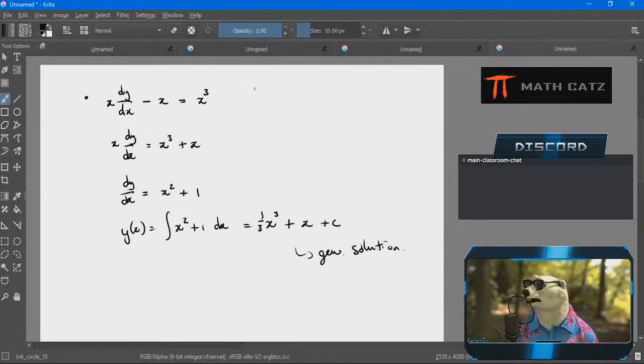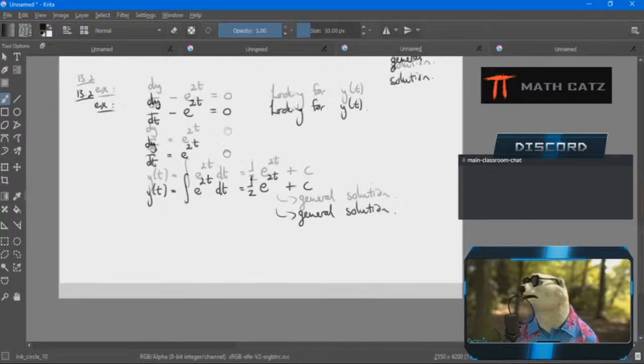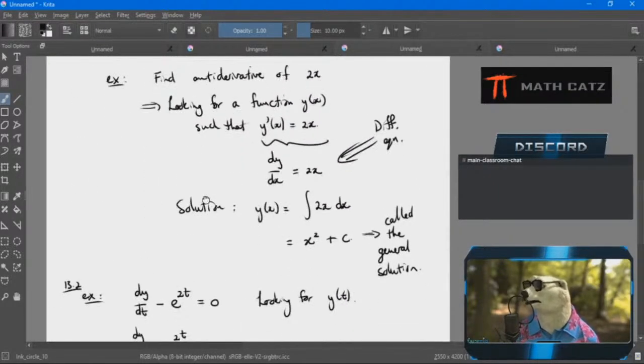All right, so let me just find my 3 examples that we did, and let's put them in a row here at the bottom. My first example was this one.